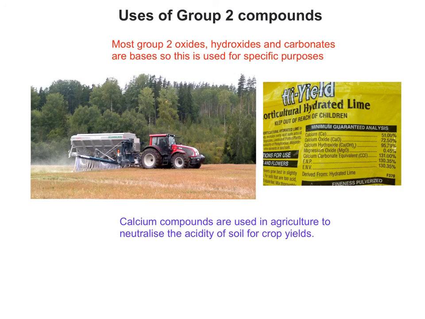So things like calcium oxide, calcium hydroxide, for example, you can see it in the analysis list of ingredients online, and you can see in the photograph obviously that it's spread on a large scale by a tractor. So it's driven around by the farmer and spread over the soil so that crops can be grown in more alkaline soil as opposed to more acidic soil.